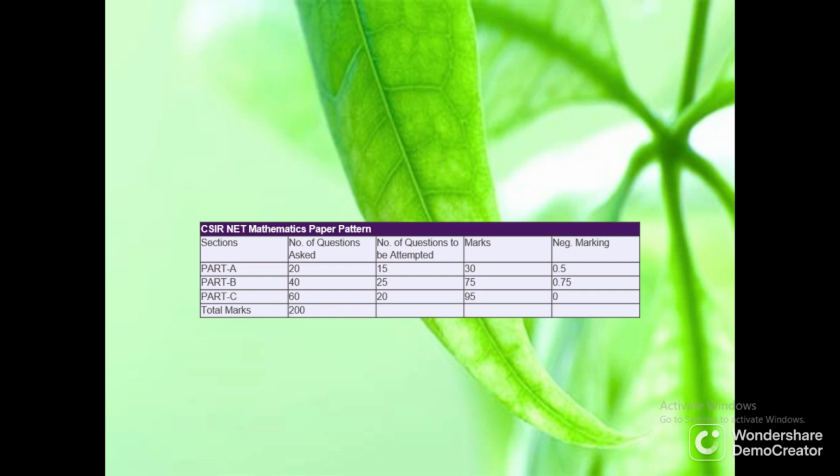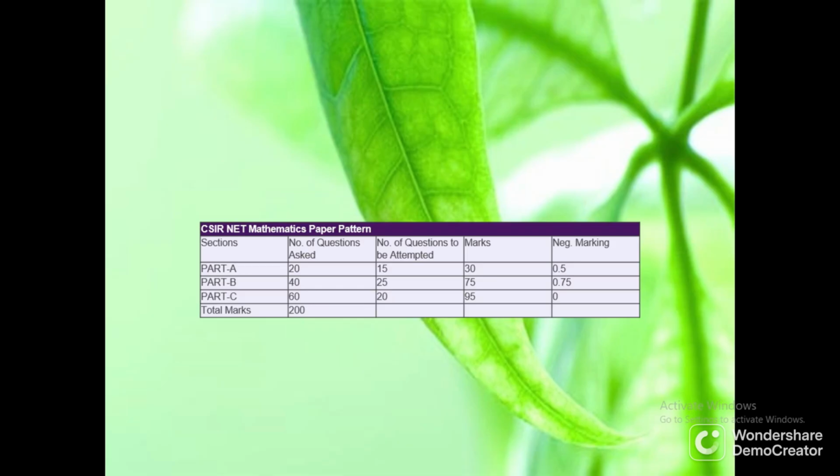Part A: number of questions 20, attempt 15 questions, marks 30, and negative marking of 0.5. Part B: total number of questions 40, attempt 25 questions, marks 75, and negative marking of 0.75.